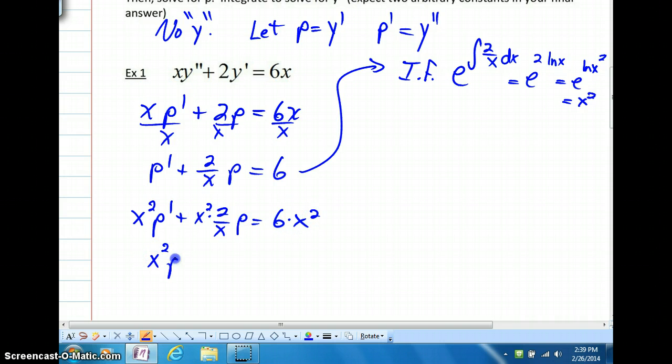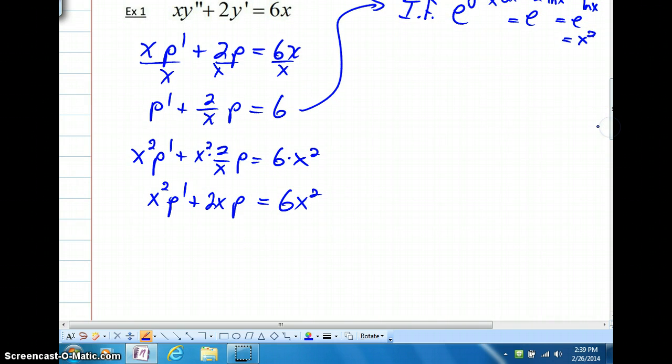And we have x squared p prime plus, well, technically this just becomes 2xp equals 6x squared. All right. This left-hand side we can think of as what? A product rule. What times what? x squared times p.